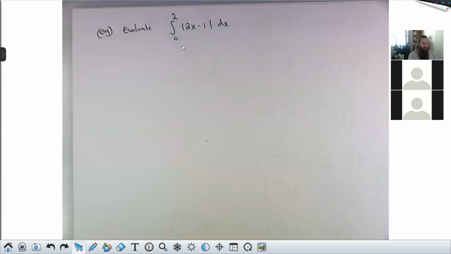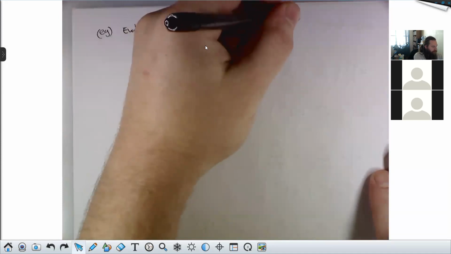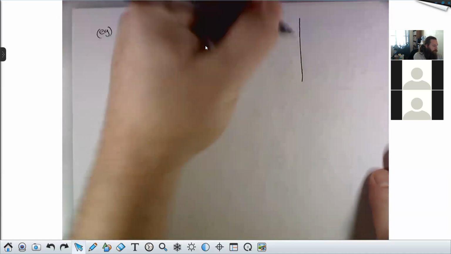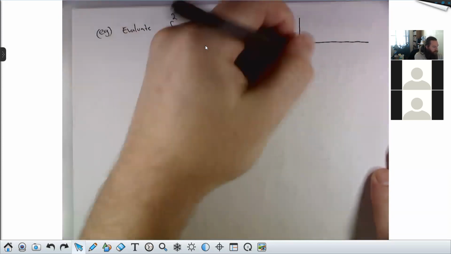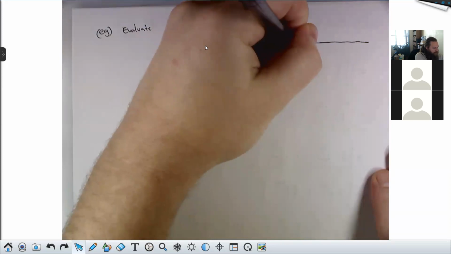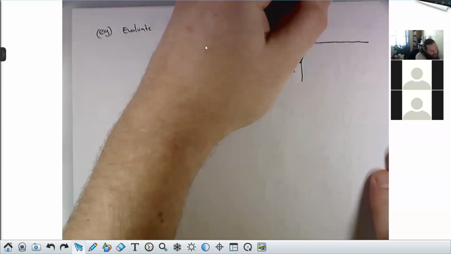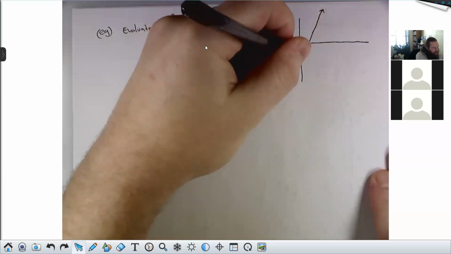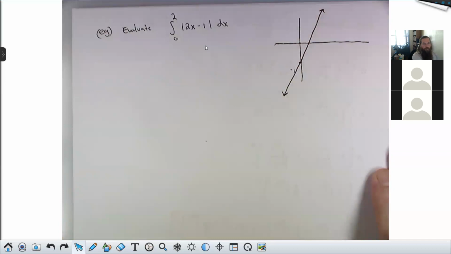Again here, it's best to draw the picture. So 2x minus 1 is a line with slope 2 and y-intercept -1. It is pretty easy to draw. Look at something like this.